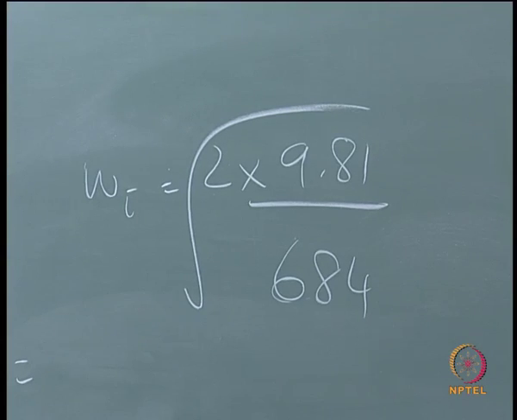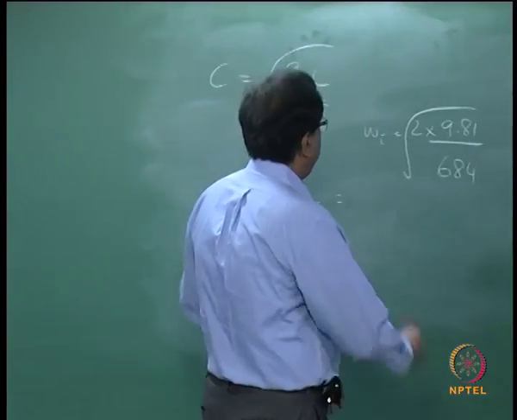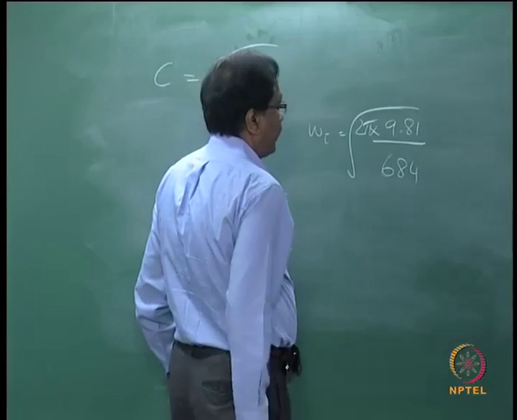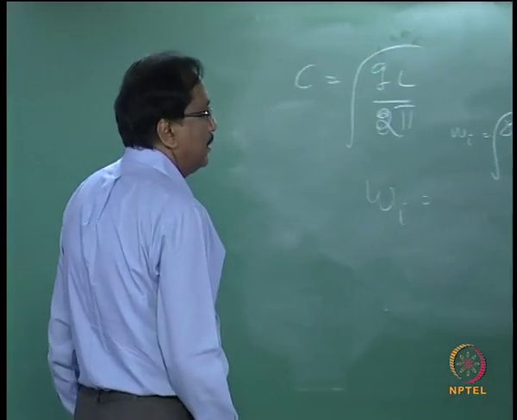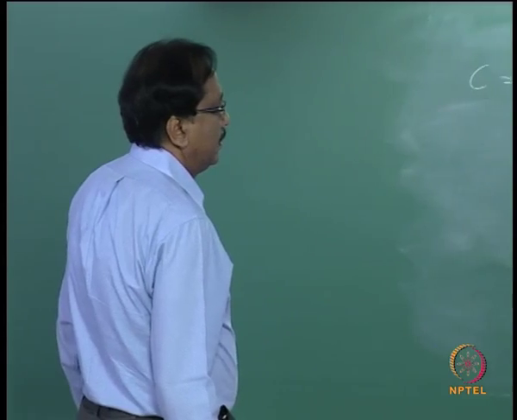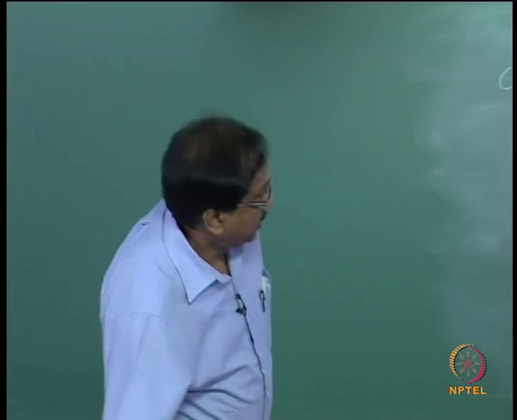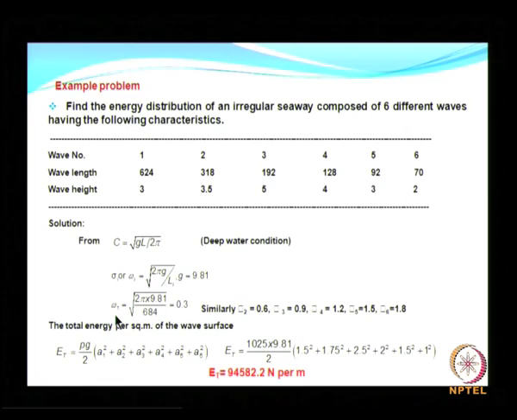Is that clear? Of course, there is a pi here. So, using the relationship between sigma, pi and c, you can arrive at omega 1. Is that correct? Okay. Is it clear?